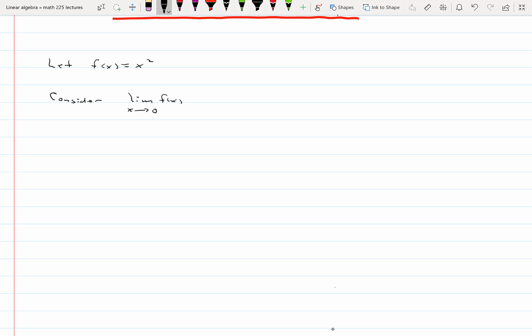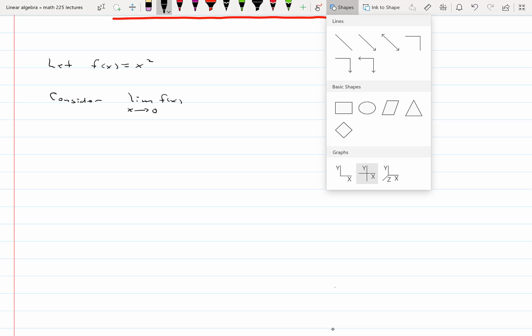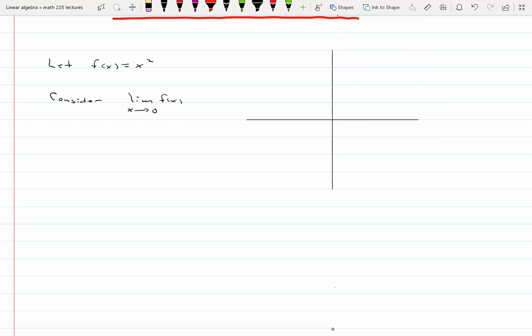In reviewing what that means, I'd like to take a look at the graph of the function. So let's take a look at the graph of y equals x squared. Very simple function. We almost grew up with this function. We've seen it so many times, the parabola. So here's f of x equals x squared.